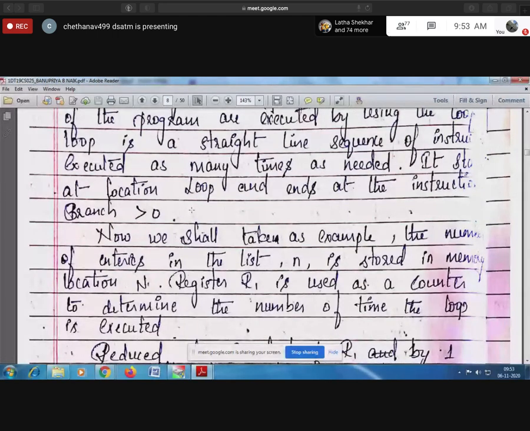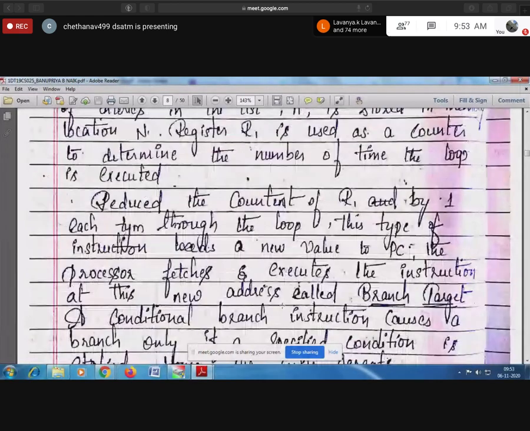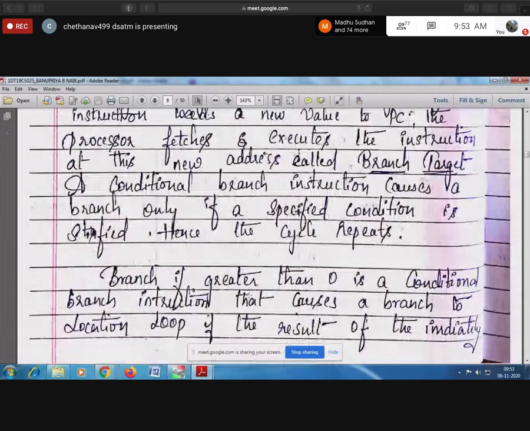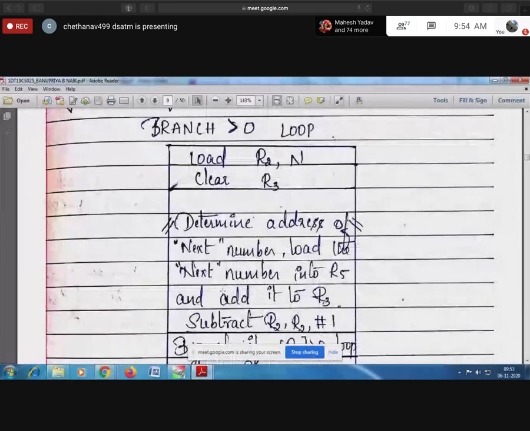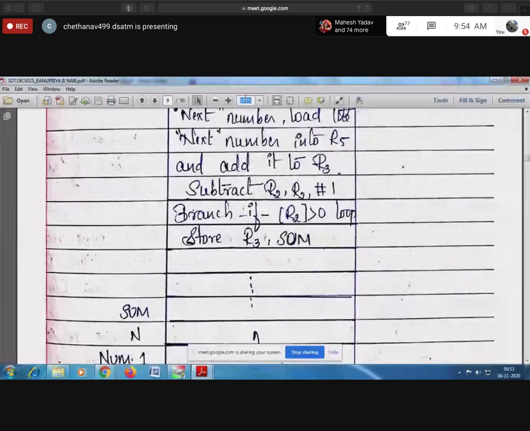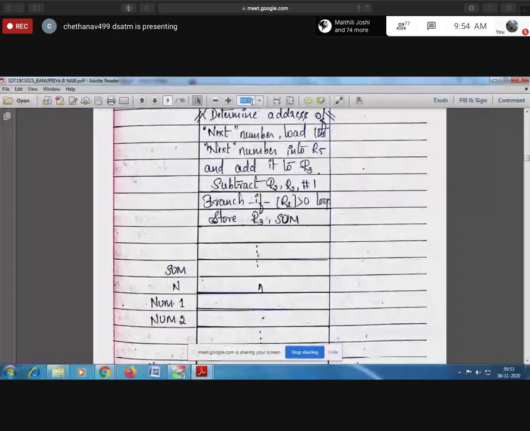Are you agreed? In that manner, here also, one program is to be taken and executed. Let me reduce this, still more, so that I am able to see the complete program.